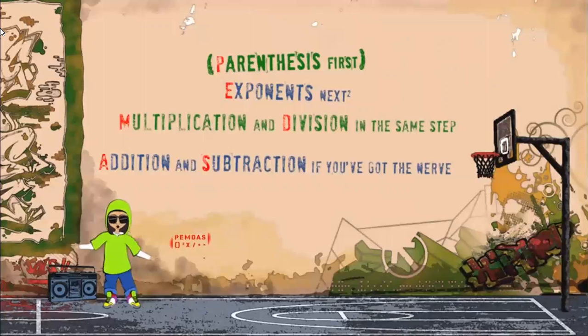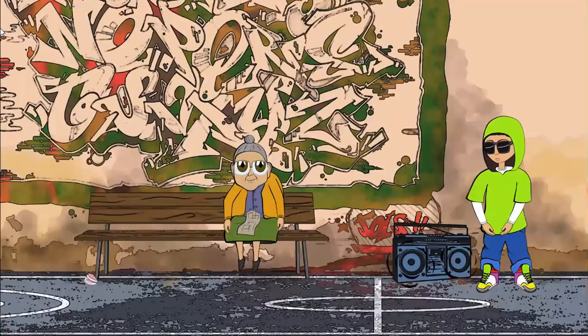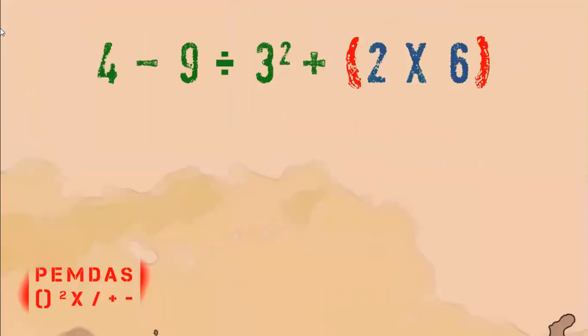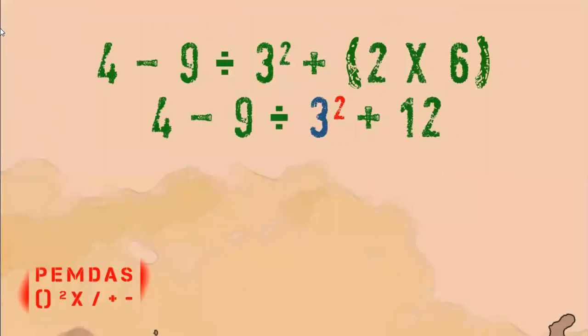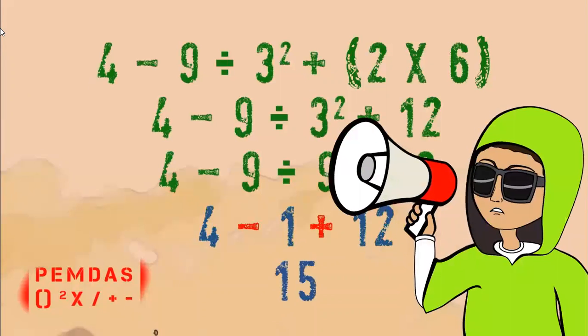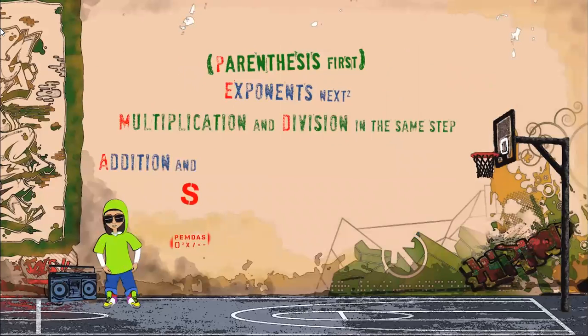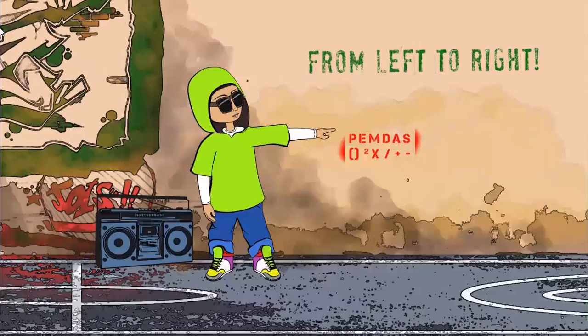Addition and subtraction, if you got the nerve, from left to right, first come, first serve. Parentheses first, 2 times 4, the product's 8. Exponents next, 2 squared is 4. Time to divide or multiply. Divide the 8 by the 2. The quotient's 4. It's finally time to add or subtract. 8's the answer, and that's a fact. Parentheses first, 2 times 6, the product's 12. Exponents next, 3 squared is 9. Now we divide or multiply. 9 divided by 9 is 1. 4 minus 1 has a difference of 3. When we add the 12, we get 15.